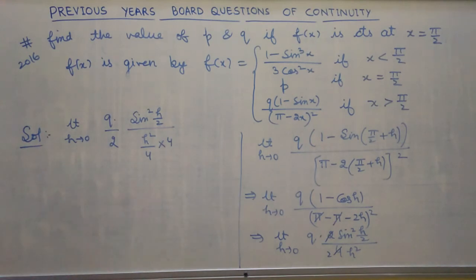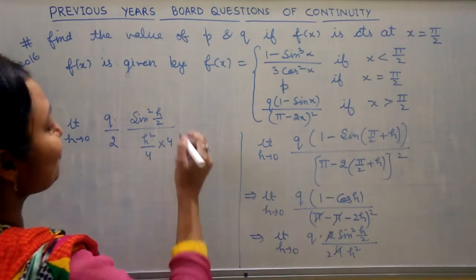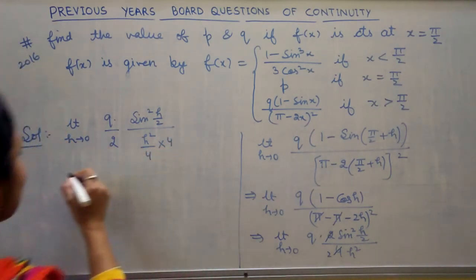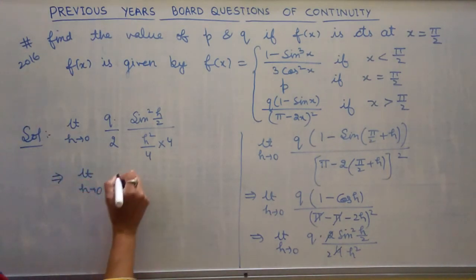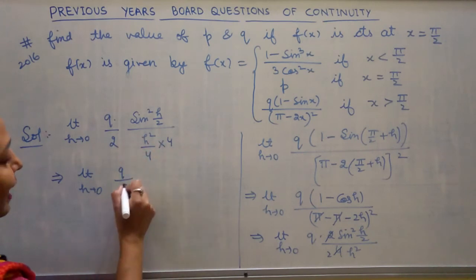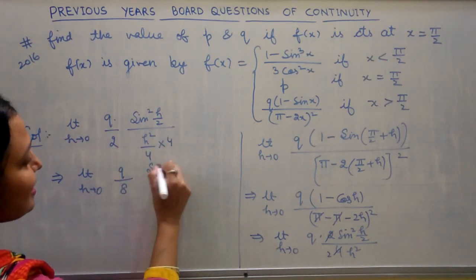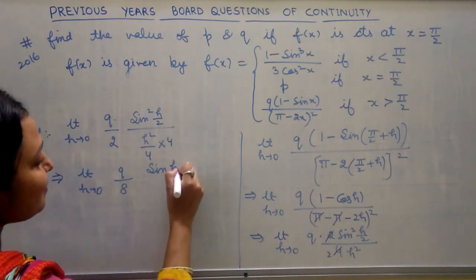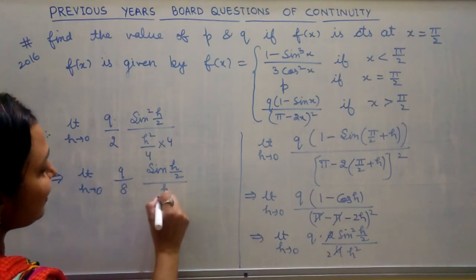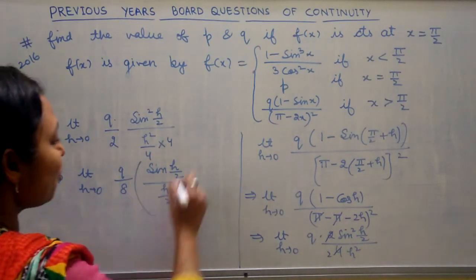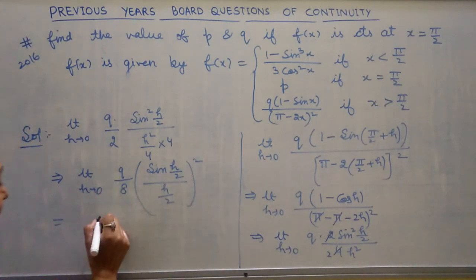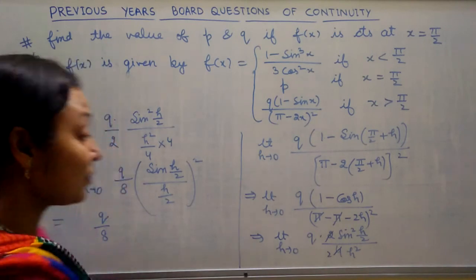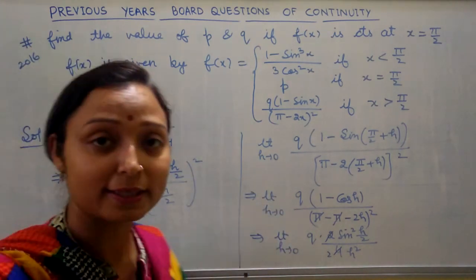So the next step is limit h approaches to 0, q upon 4 2s are 8, sine square, I will take h by 2 upon h by 2, whole square. When you apply the limit, that will equal q by 8. Okay, now both limits are solved here.